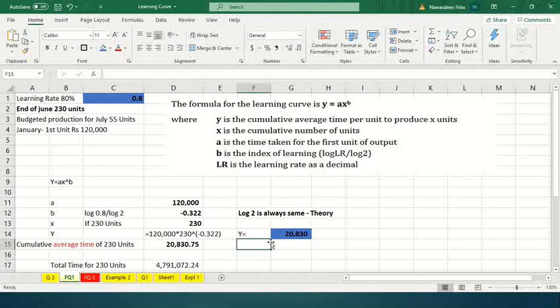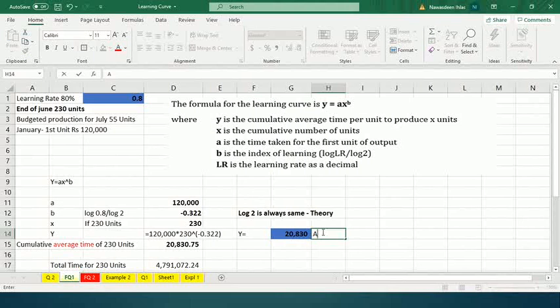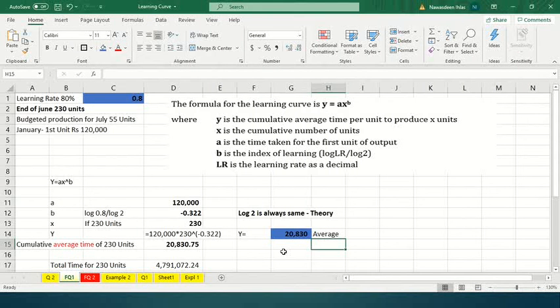So y equals 20,830. What does y mean? Y is the cumulative average time per unit. Remember that this is the average time, which means if we are producing 230 units, we can produce 1 unit at this time. Clear? So this is not the total time. If you are producing 230 units, this will be the average time per unit.